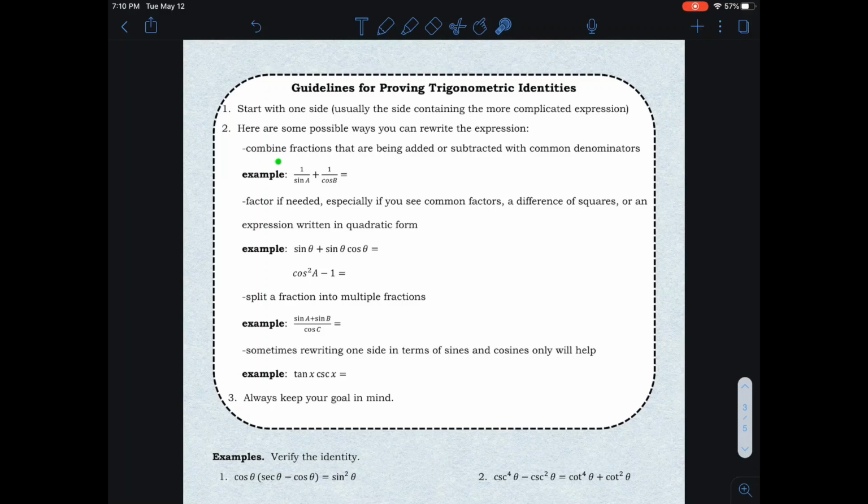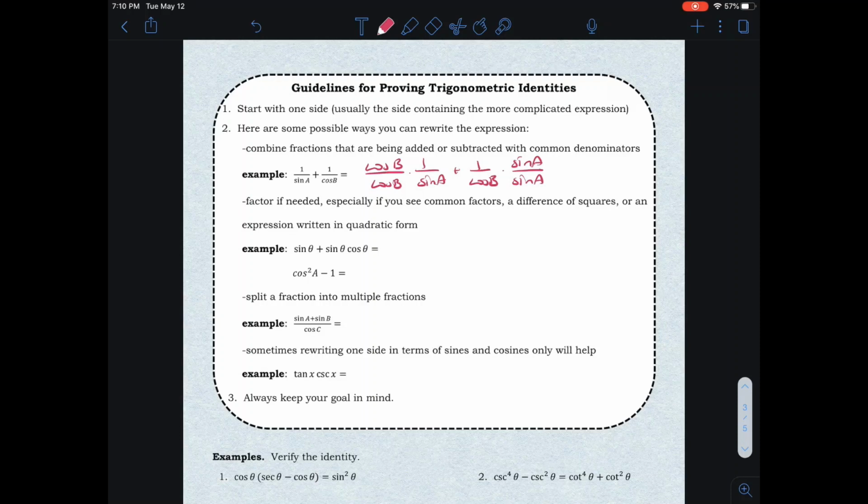The first one is you can combine fractions that are being added or subtracted with common denominators. So for example, if you have something like this, and we did this in the last lesson, we made the denominators the same. So in this case, I would multiply the first fraction by cosine of b over cosine of b, and then I would multiply the second fraction by sine of a over sine of a.